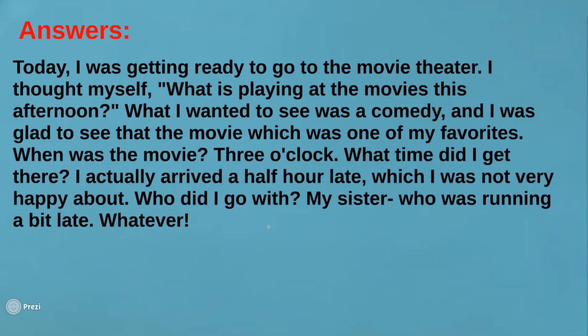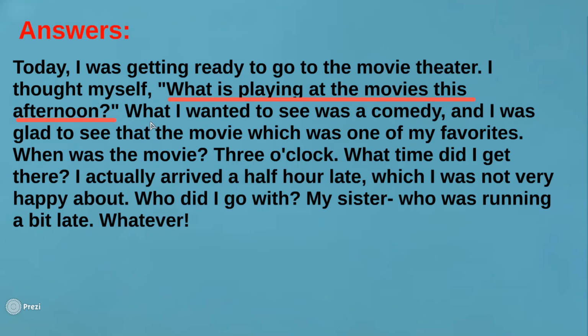So let's underline the sentences with correct interrogative pronouns. So the first one is, what is playing at the movies this afternoon? So remember, what is an example of an interrogative pronoun. Okay, so this is a sentence with an interrogative pronoun, what.